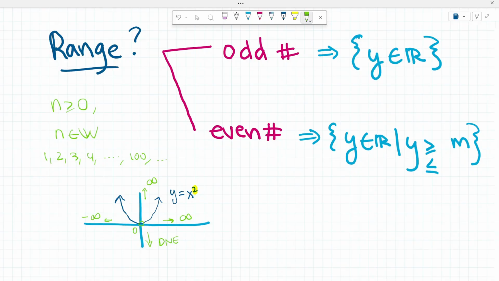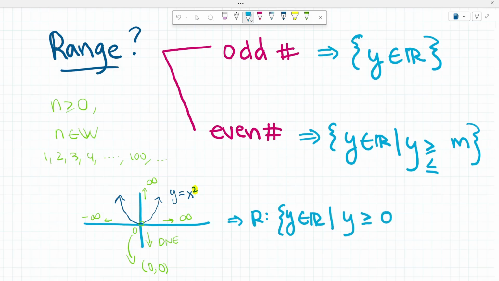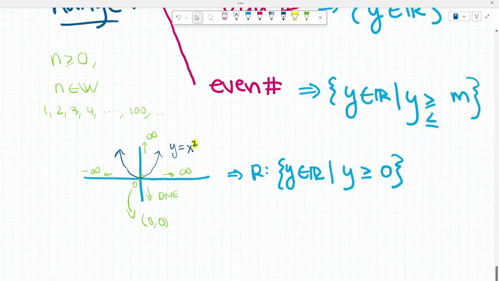The lowest point of this function is the minimum, and it is achieved at (0, 0). So in this case, the range is y is an element of the real numbers such that y is greater than or equal to 0, because our function does not exist when it's below 0.